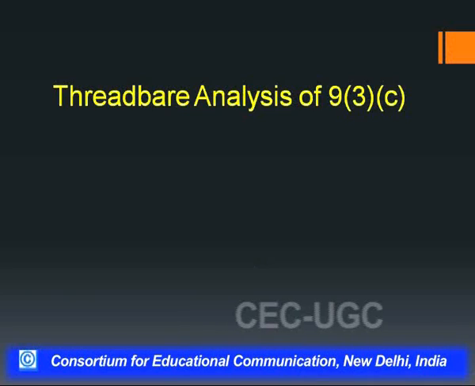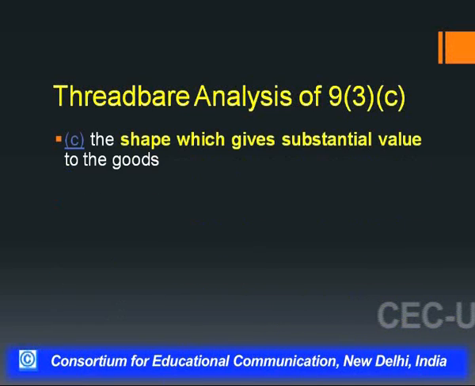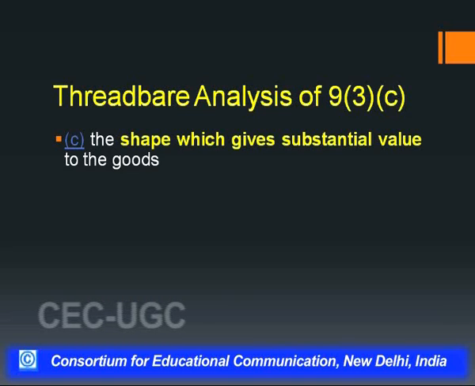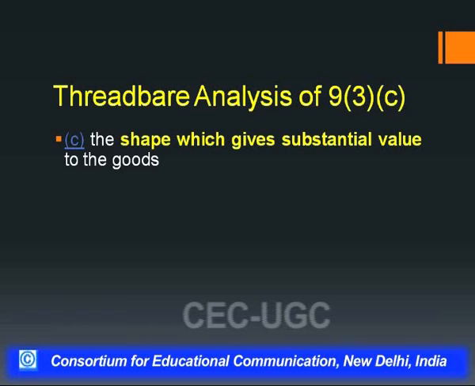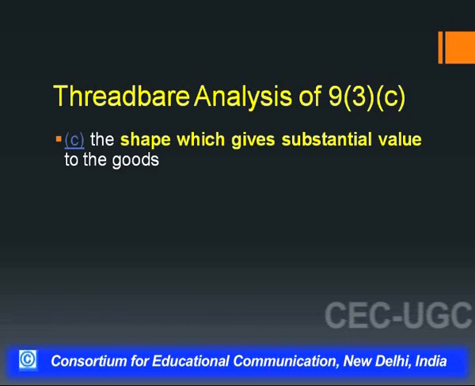The third prohibition, the last prohibition, friends, covered under 9.3c, which I told is a little unclear, is wide and vague, because it says the shape which gives substantial value to the goods shall not be registered.